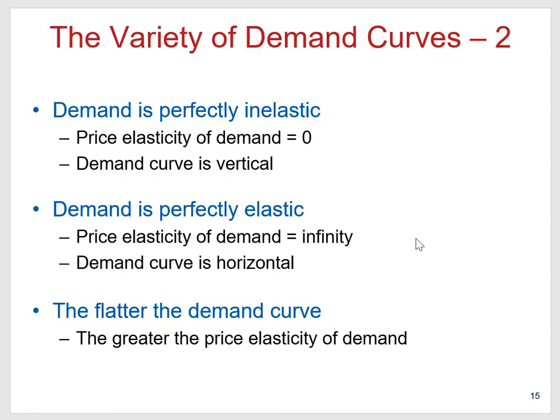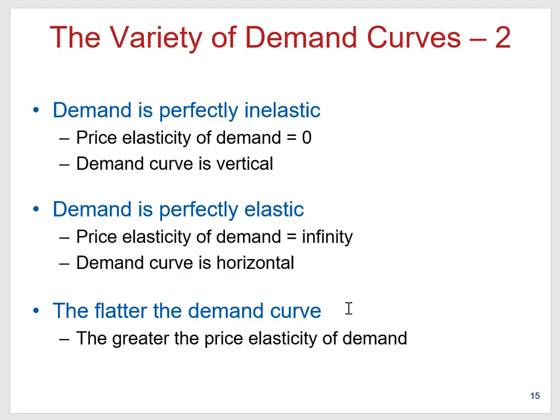Now demand is perfectly inelastic if price elasticity is equal to 0. In other words, the demand curve will be perfectly vertical. I'll demonstrate that with an example in the next few slides. Next, we have a perfectly elastic case when the price elasticity of demand is a very large number, or infinity. So the demand curve is perfectly horizontal in that case.